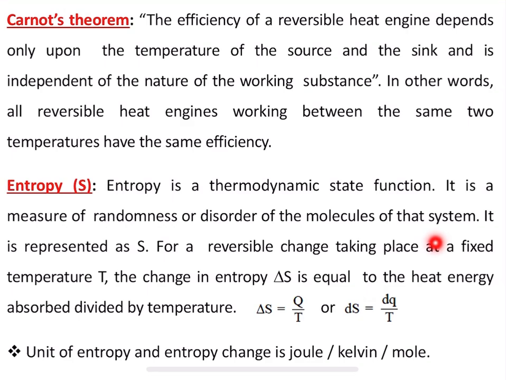The second law of thermodynamics itself explains that not all the heat energy supplied to the system is used for work done, whereas some part of the heat energy is lost. That heat energy is sent to the sink. How much heat has been converted into work done divided by how much heat has been absorbed is what is called the efficiency of a heat engine.